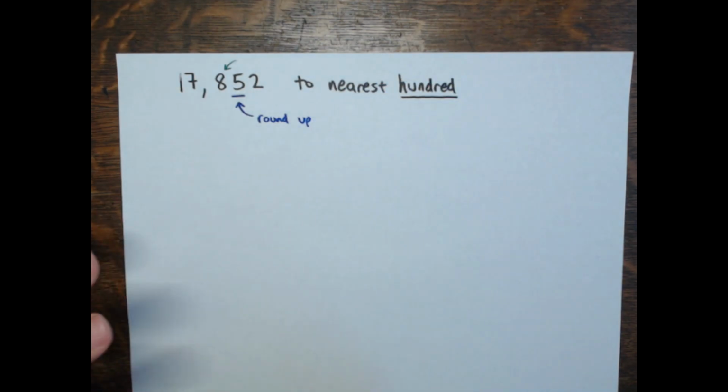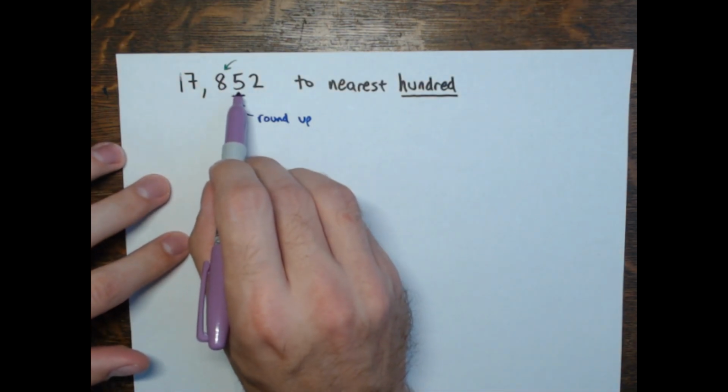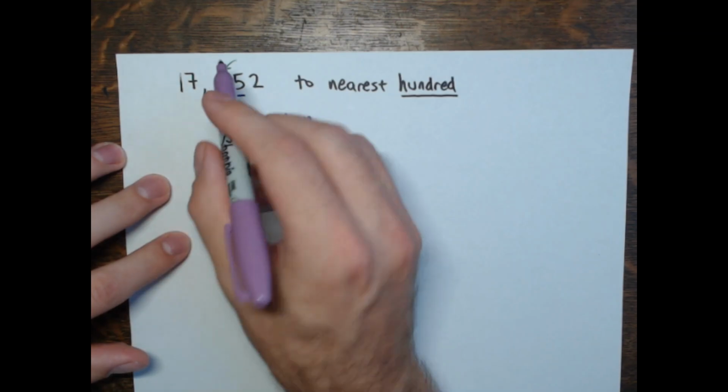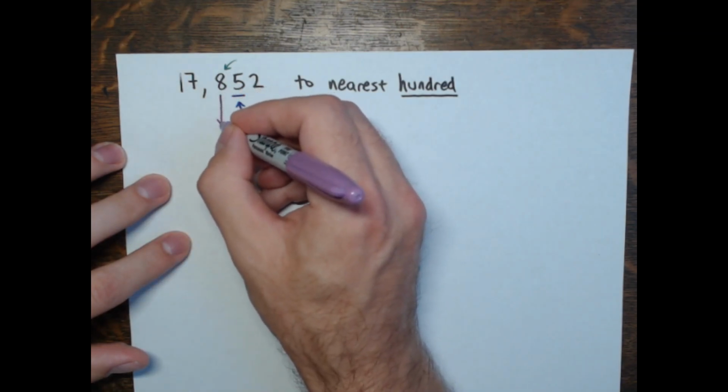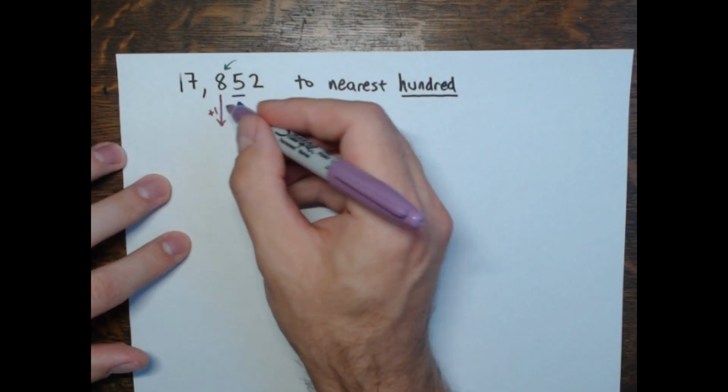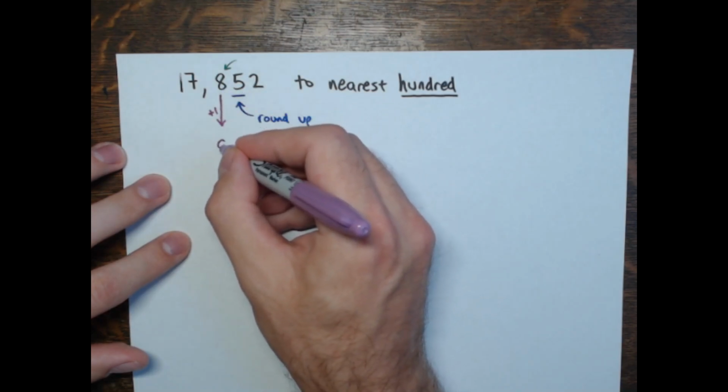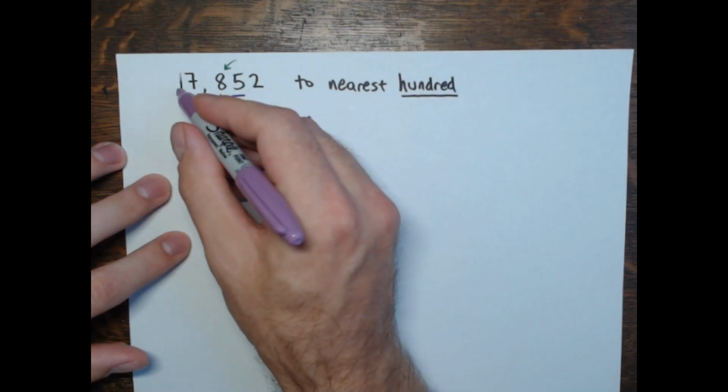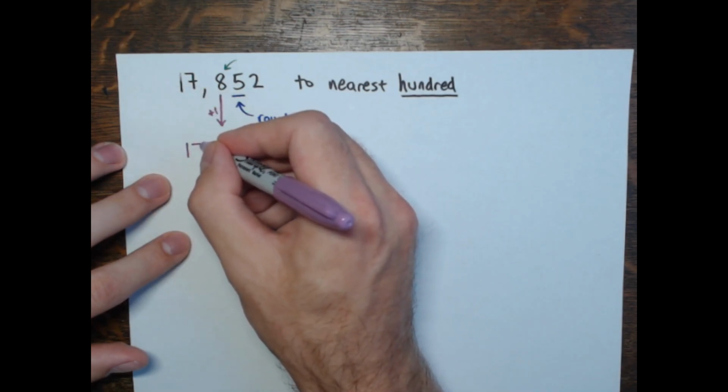And because this is 5 or greater, I'm going to add 1 to this hundreds place. So a little +1 here. 8 plus 1 is 9. And then all the digits before it won't change to the left of it.